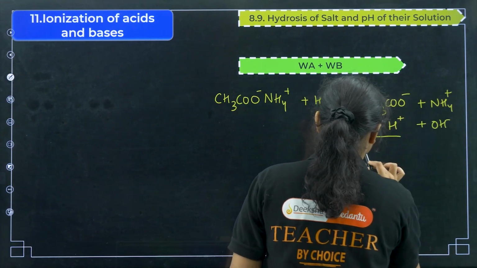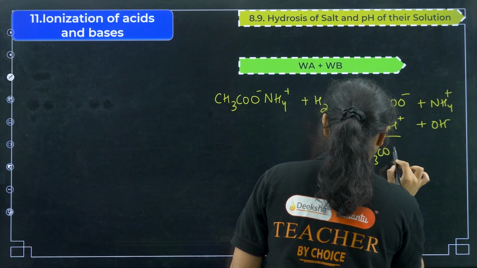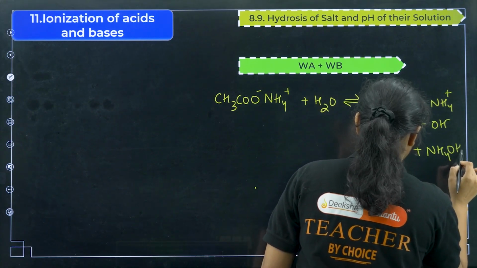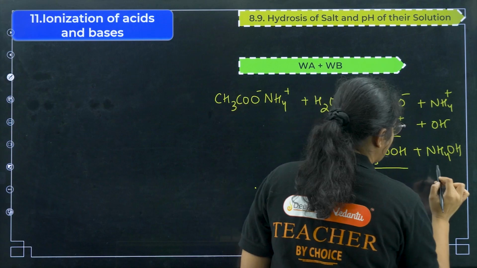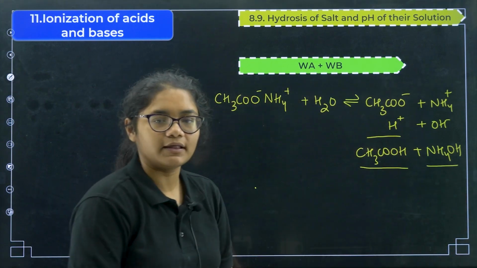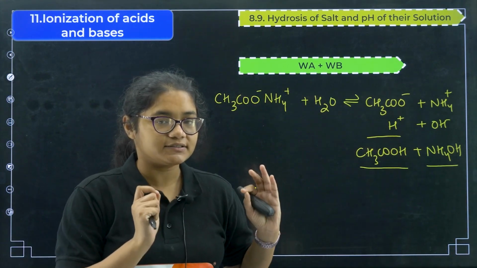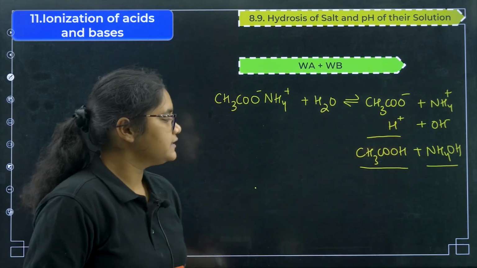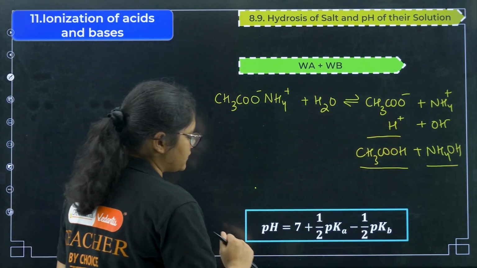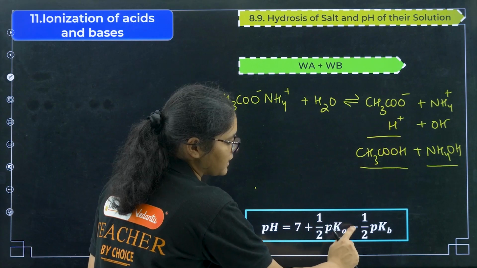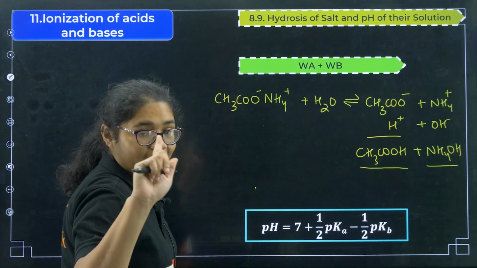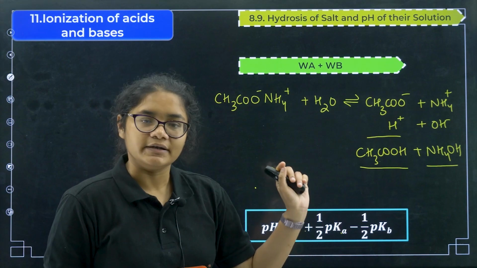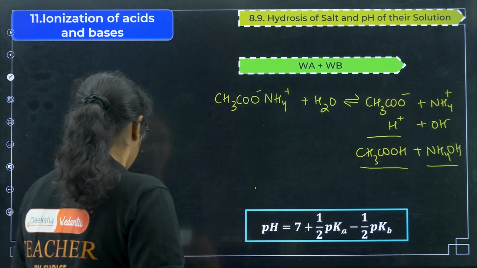Both of these will combine to give you CH3COOH plus NH4OH. So in this, we have both a weak acid and a weak base in the medium. There is no H plus, there is no OH minus, but we have a weak acid and a weak base. In this type of salt, if you want to calculate the pH, it is 7 plus half pKa minus half pKb. I told you, with Ka it is always positive, with Kb it is always negative. I hope this is clear.